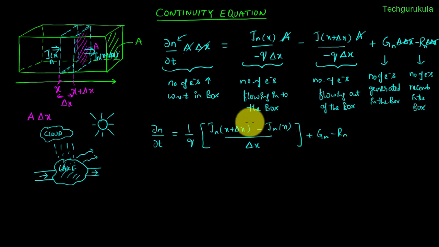Now, we have just represented the current density in terms of space, but of course it will depend on time as well. So let me add the time function here.